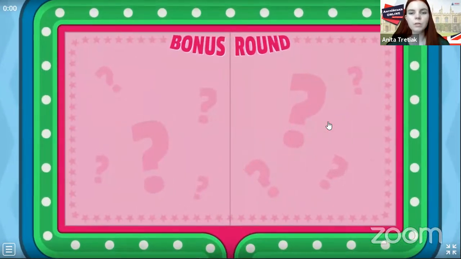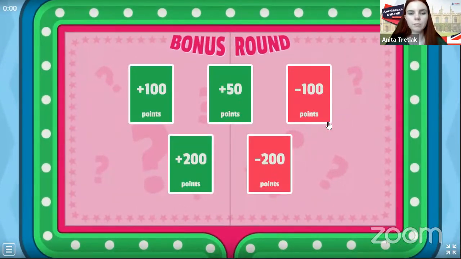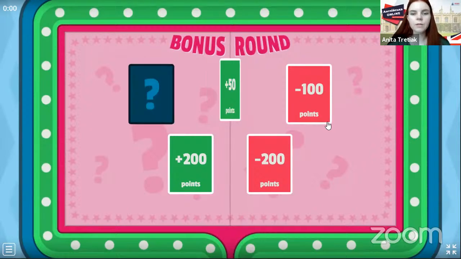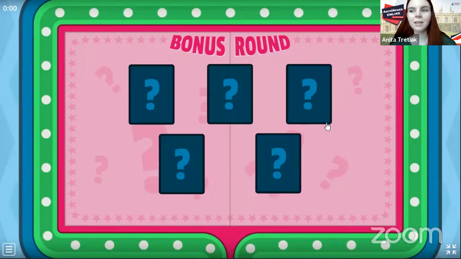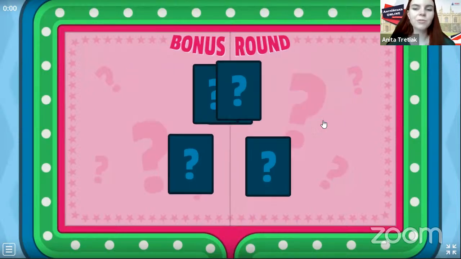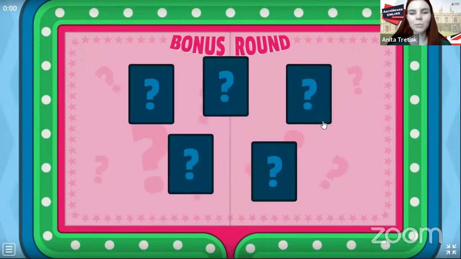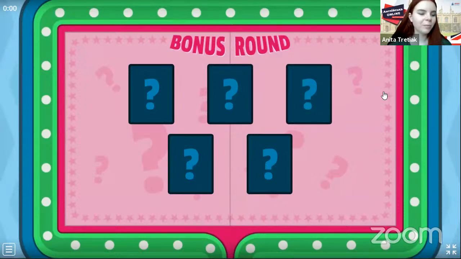And this one, it's bonus round. We've got some interesting things here. And these cards, they can bring us some extra points or we can lose some points. So guys, help me choose what we have.